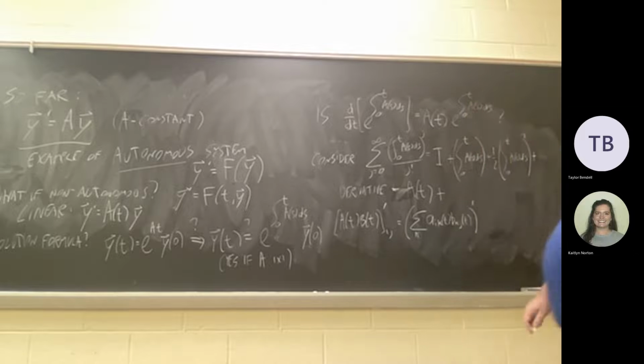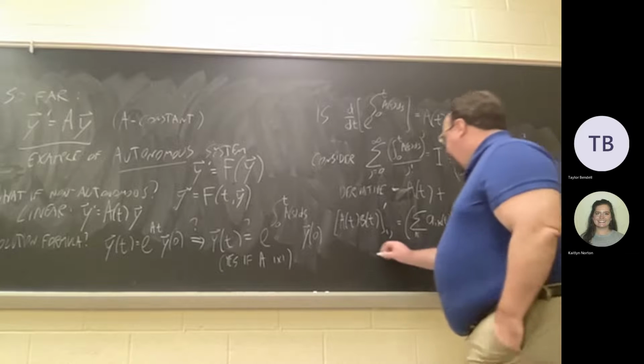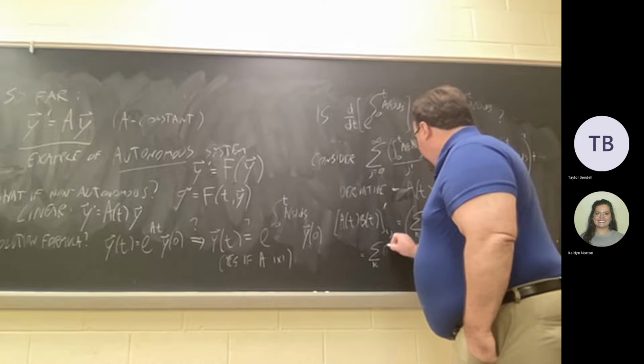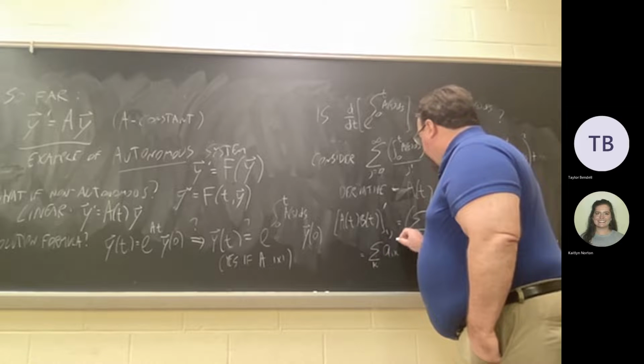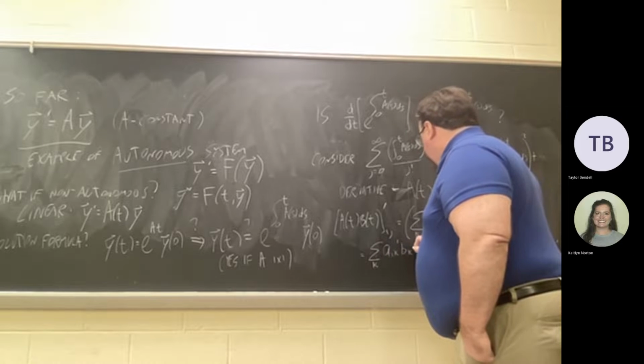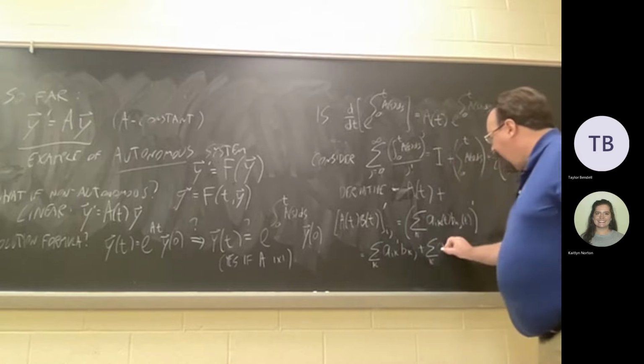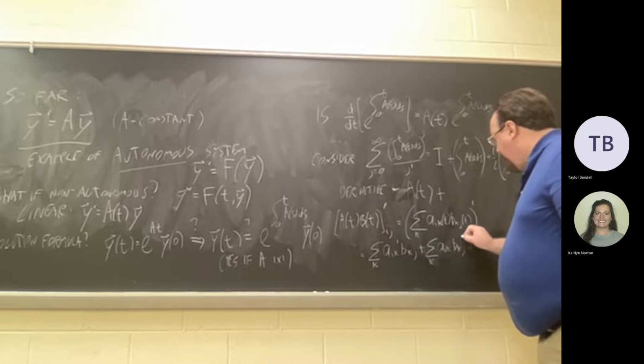And we take a derivative of all that. So then we've got to use a product rule on each term. So that would be the sum of a_ik prime b_kj, and then another sum of a_ik b_kj prime.